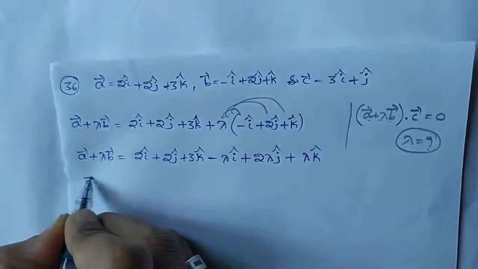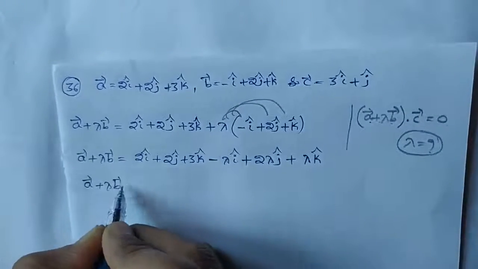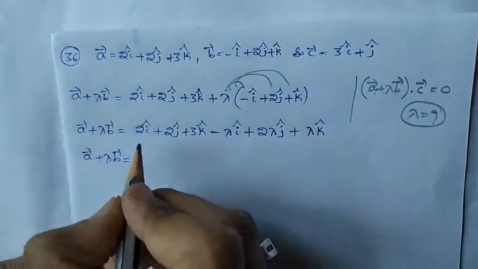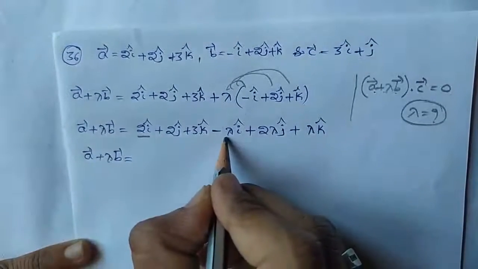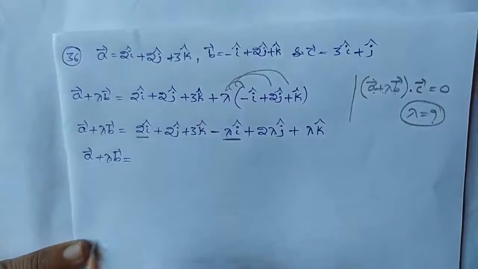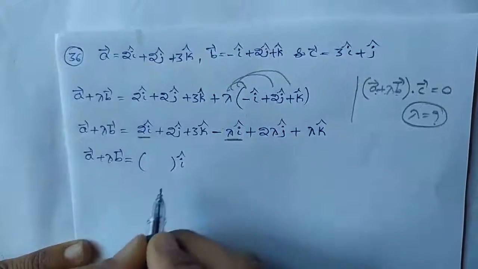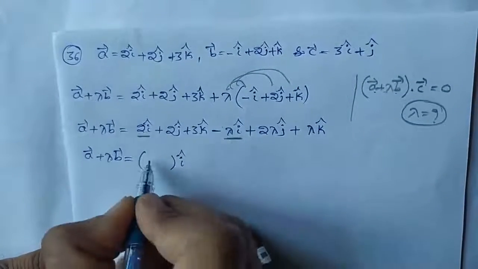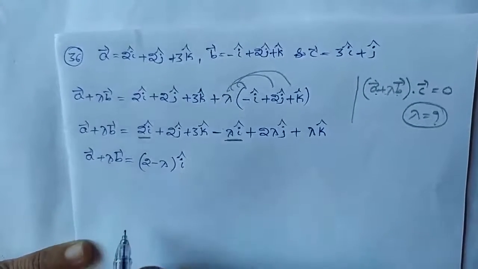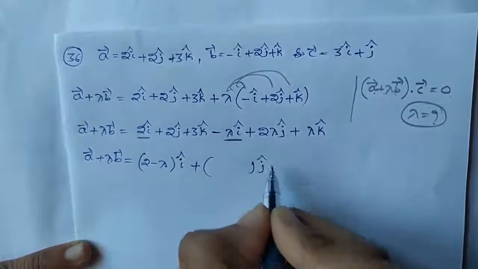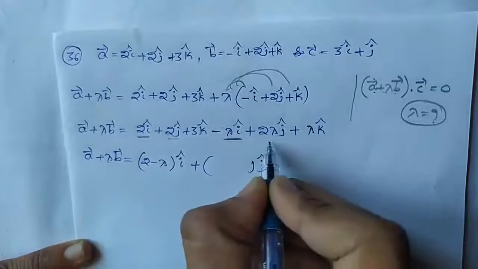Now again a plus lambda b vector equals 2i and minus lambda i is there. Take i cap common. Then it is 2 minus lambda. Next j. See here we have j.